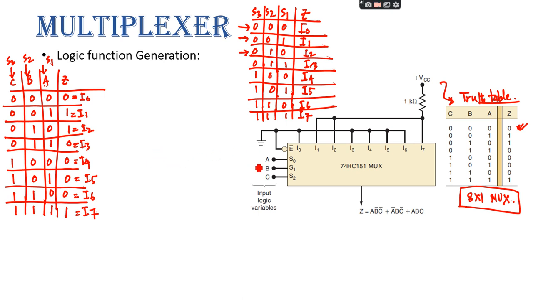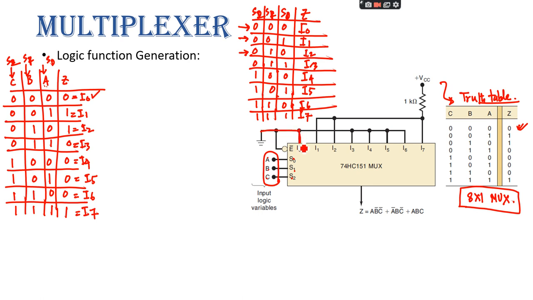So what they have given here, they put this control command, likewise I said. So sorry, here it should be S2, S1, S0, right? So as you can see, C is given to S2, B is given to S1, A is given to S0, and your I0 is kept at 0 potential.